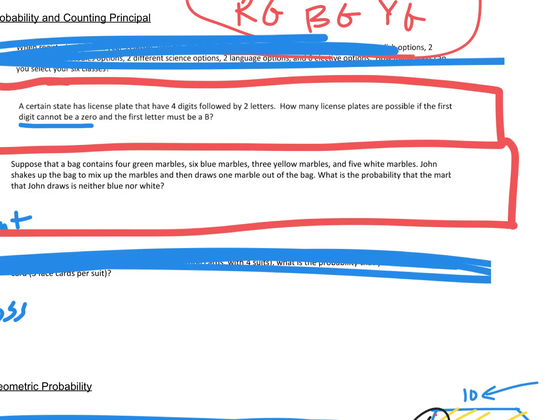All right, next up, a bag has 4 green marbles, 6 blue, 3 yellow, and 5 white. I should have been adding them up as I go. 4 and 6 is 10, and 3 is 13, and 5 is 18 marbles. That's always important what it's out of, right? What's the probability that the marble that John draws is neither blue nor white?